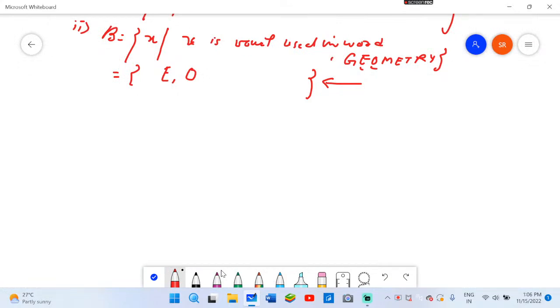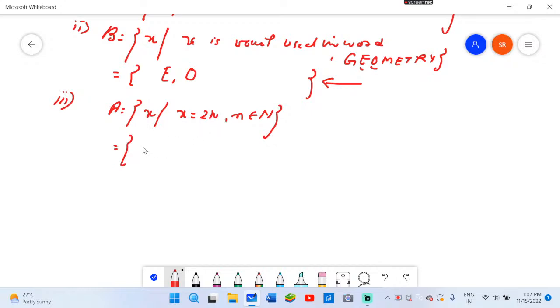Then set of all even natural numbers. Let us say this is set A, x such that x is equal to 2n and n belongs to set of natural numbers. We want to write only even natural numbers. If I start with 1 into 2, the first element will be 2. Let's verify it.